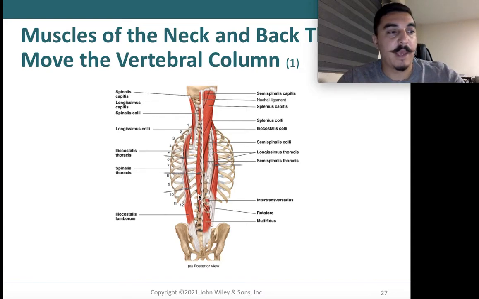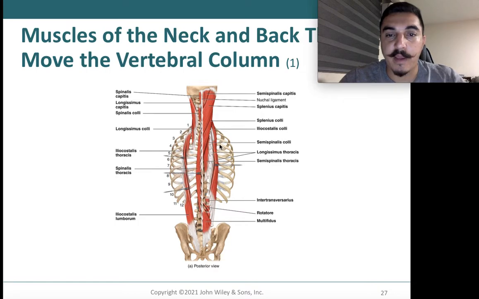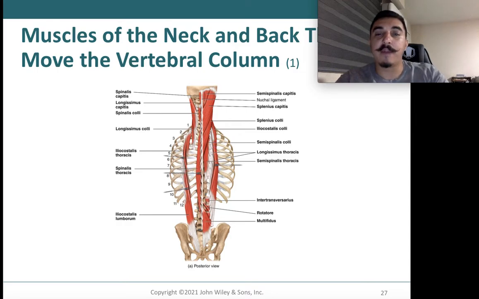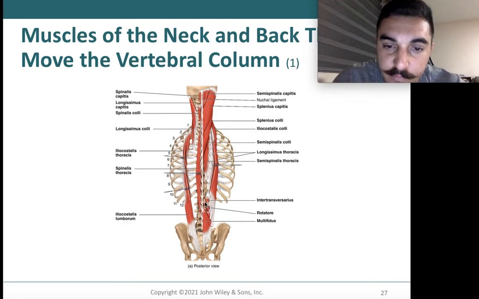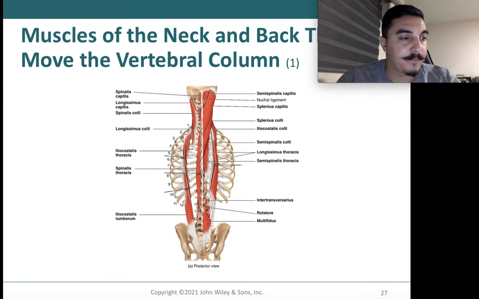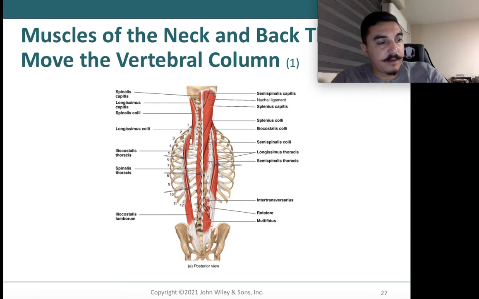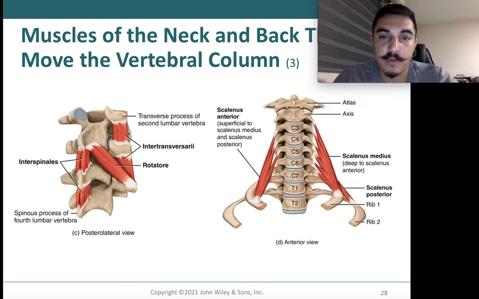And then we have our interspinalis, or between the spines. We'll have our intertransversarii, transverse meaning across, inter meaning between. We have the scalenus anterior, scalenus medius, and scalenus posterior as well, the 1, 2, and 3.